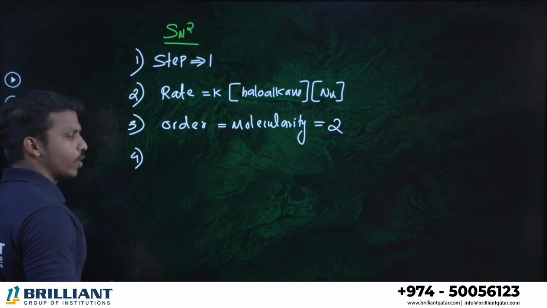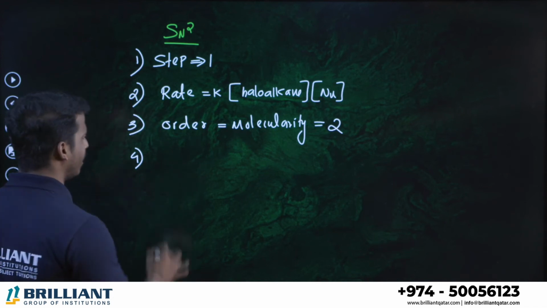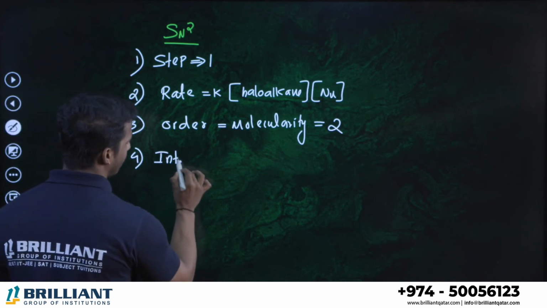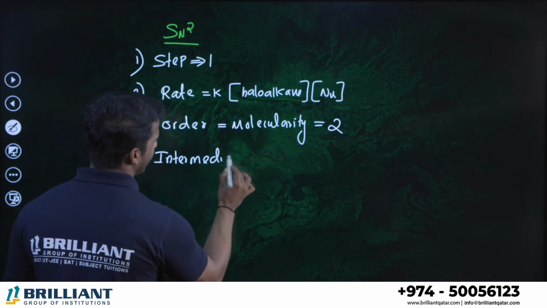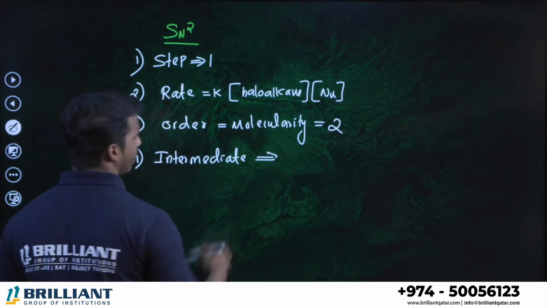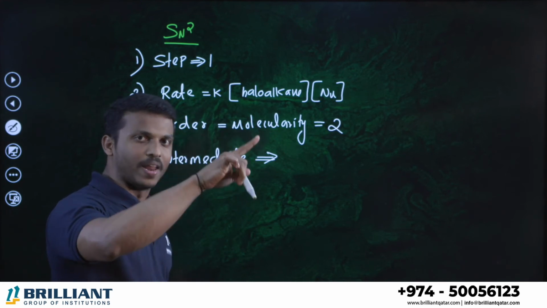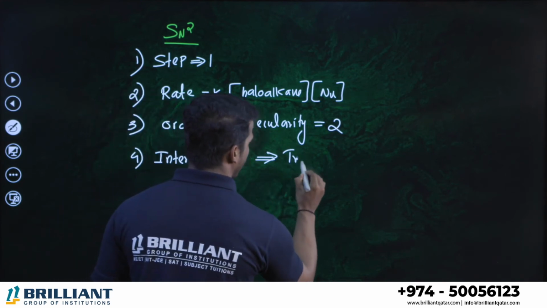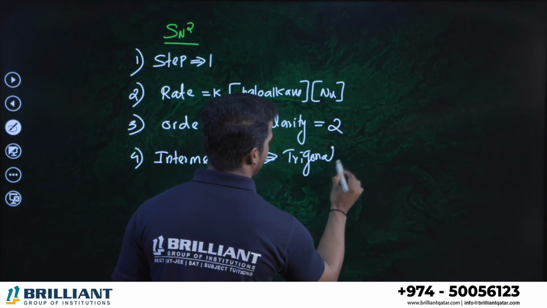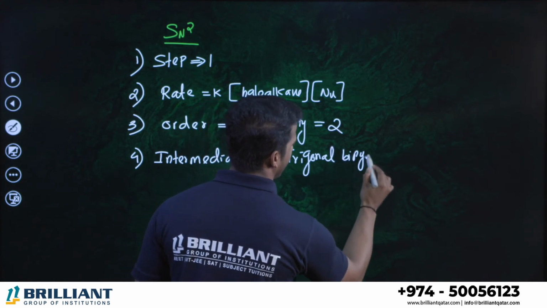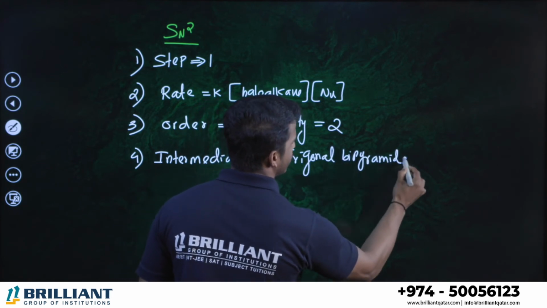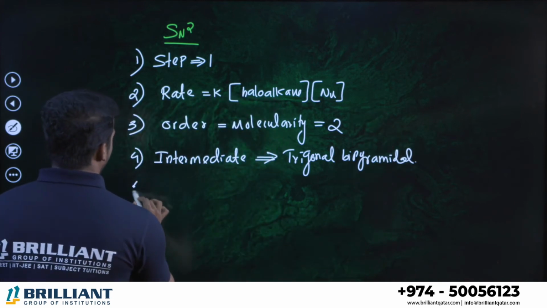Fourth one. What was the structure of the intermediate? The intermediate structure in SN1 mechanism is trigonal planar. Here it is trigonal bipyramidal. Fifth one.